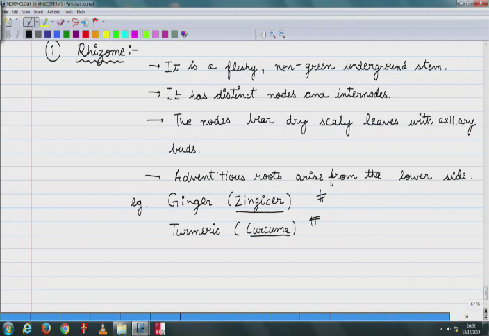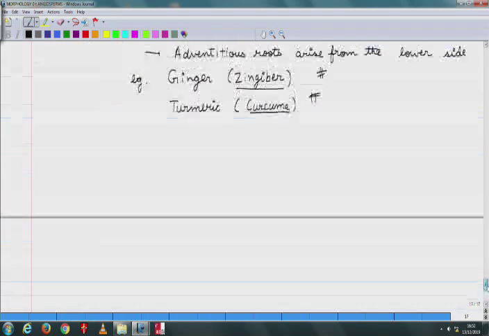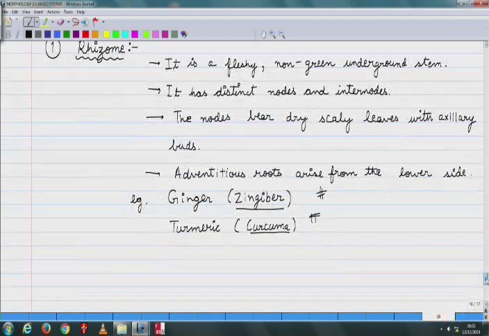Then there is bulb. Bulb represents a very much reduced stem.